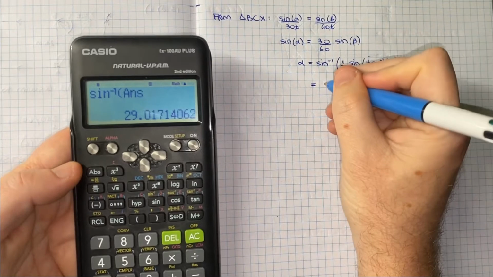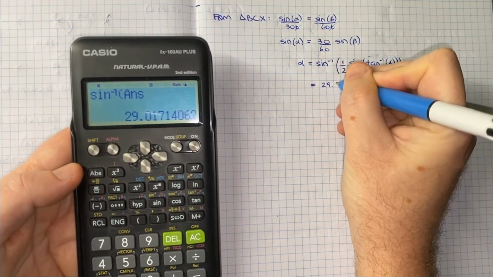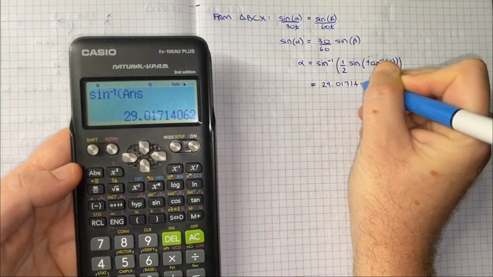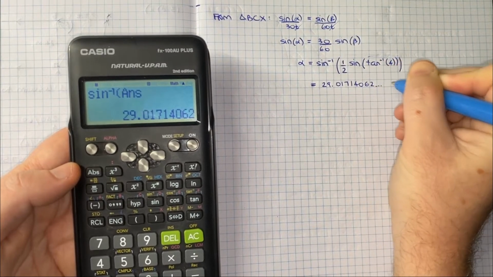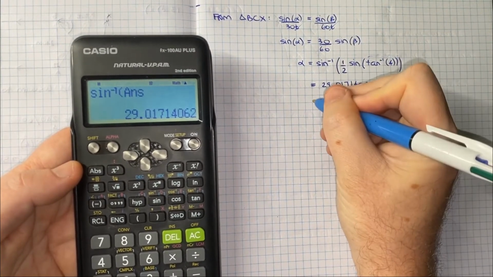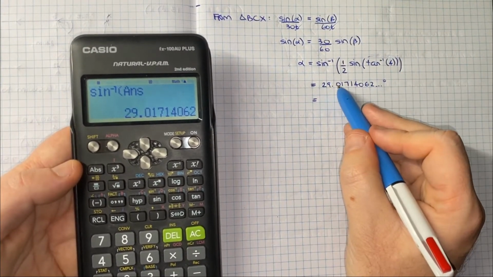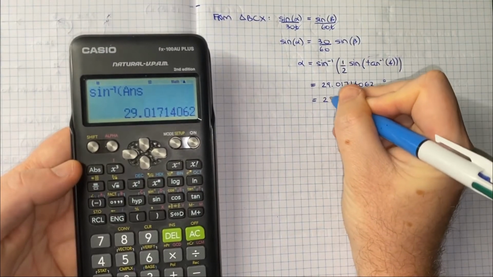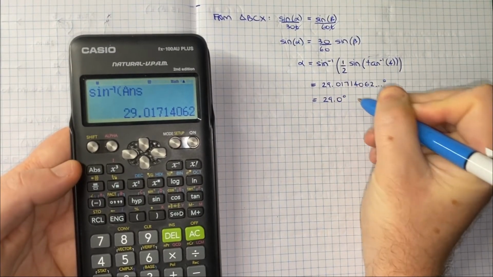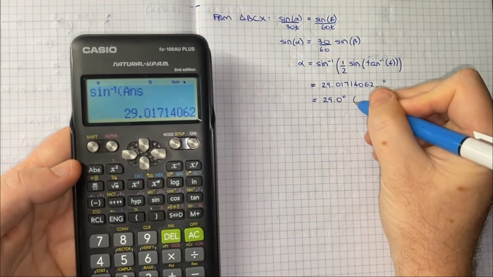And we end up with 29.01714062 and so on degrees. Or if we want to get that to one decimal place, that would actually just be 29.0 degrees to one decimal place.